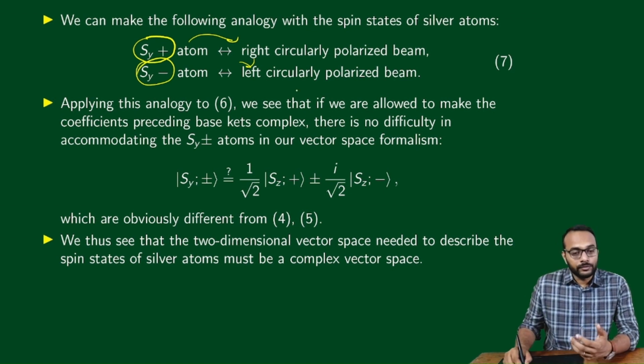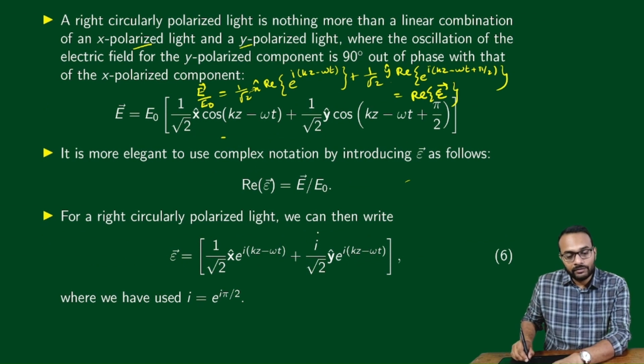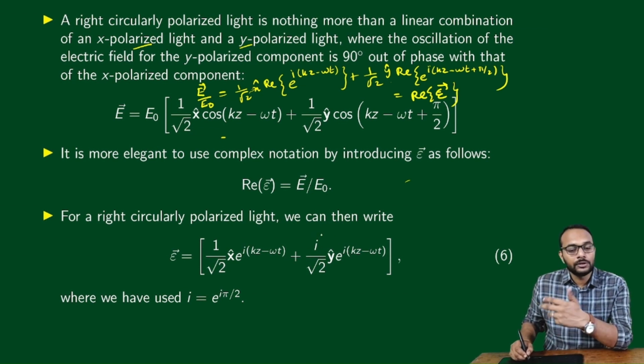Now, if you make use of this analogy, we see that we are allowed to make the coefficient complex. If these are real, if you are only taking the real part, then we don't have much to work on.